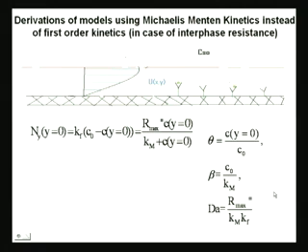So, how do we make it dimensionless? You have to be slightly careful here. Theta is a new dimensionless concentration, which is the concentration at the surface, C at y equals 0, divided by the concentration outside the boundary layer, C naught.